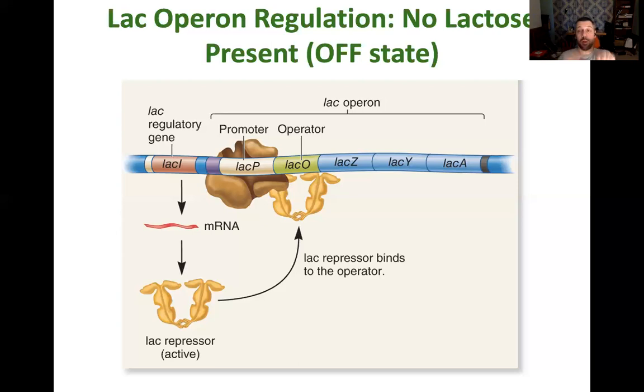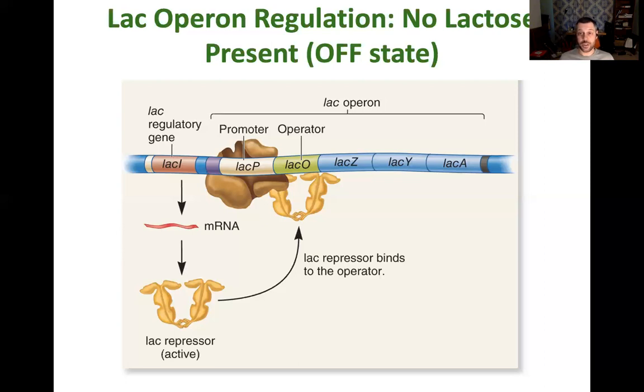And that's literally how it works. It can't move past that protein because it's in the way. It's actually called steric hindrance, but it doesn't really matter. What really matters is that basically the presence of the repressor blocks the movement of RNA polymerase and stops it transcribing the Lac operon.